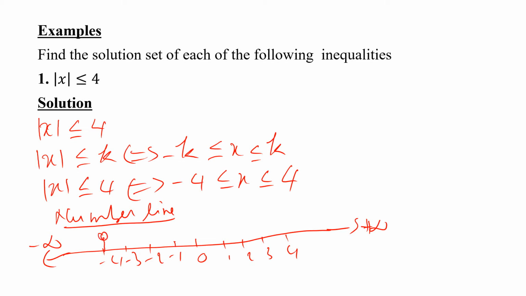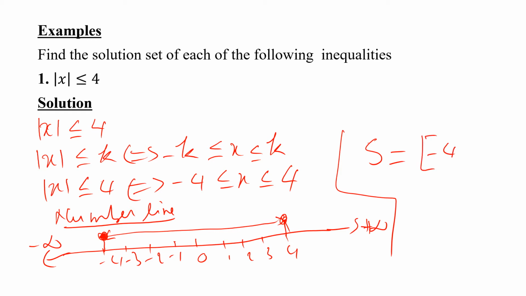We close the circles since we have an equal sign, then the solution set is here. Lastly we write the solution set S, which is the interval from negative 4 to 4.